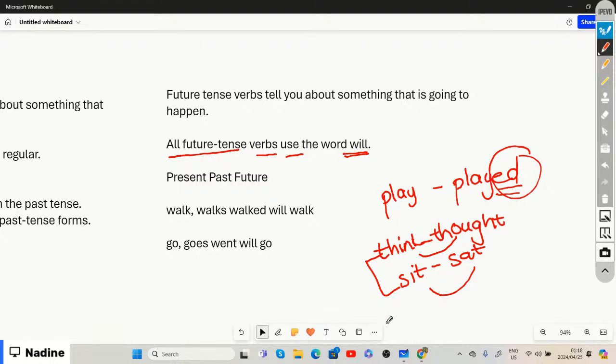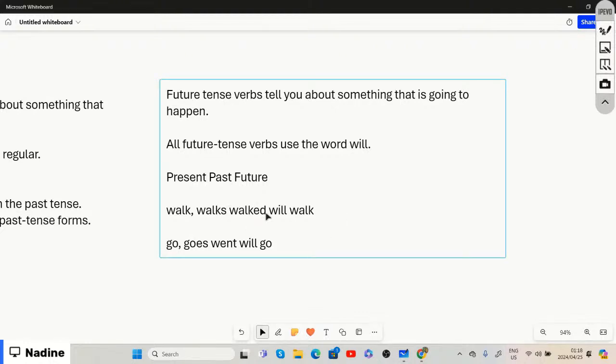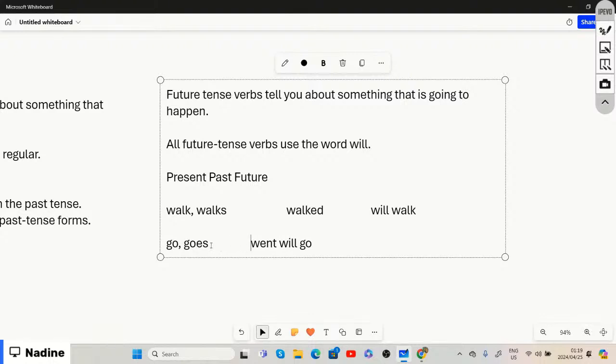Okay. So also, if we look at a few examples, right? Let me spread it out. Okay, so if we look at a few examples of present, past, and future, right?